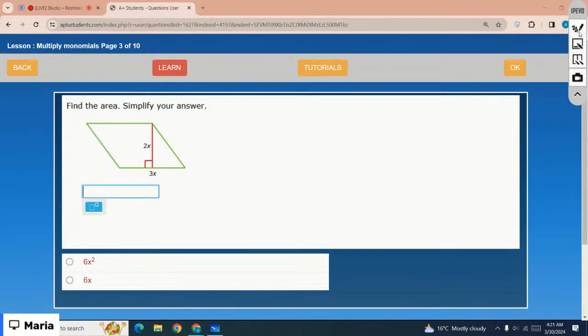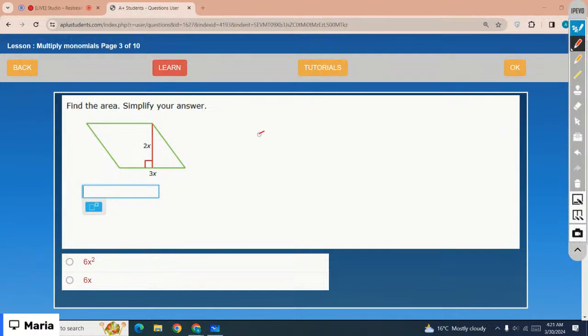That is a parallelogram. For the area of a parallelogram, you have to do base times height. That means you need to do 3x times 2x, right? So 3 times 2 is 6, and when you multiply the variables, their exponents are added. They both have exponent 1, so it would be 6x squared. The correct option is option number 1. That is 6x squared.